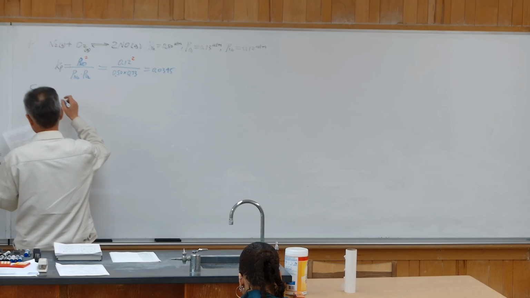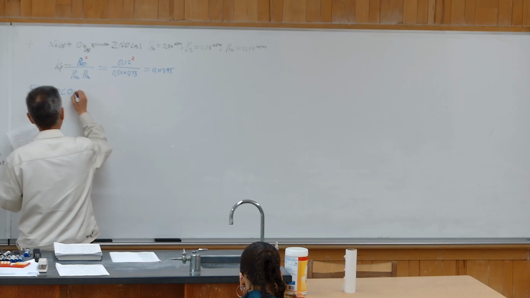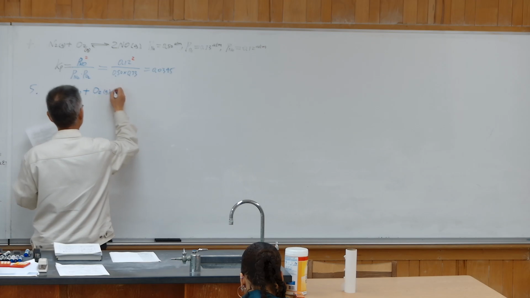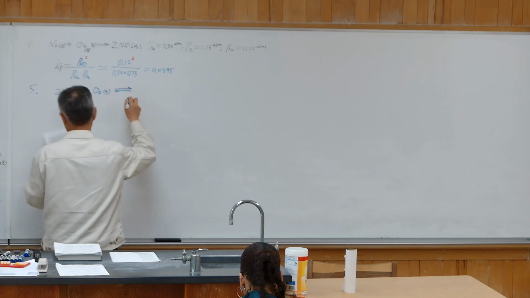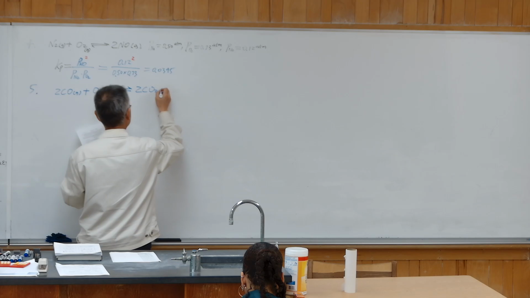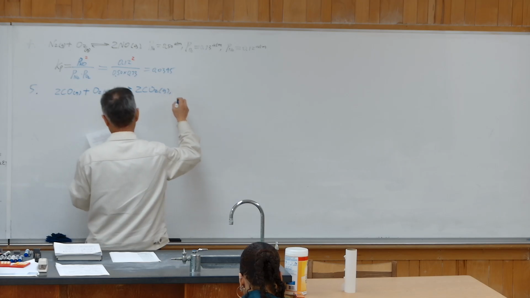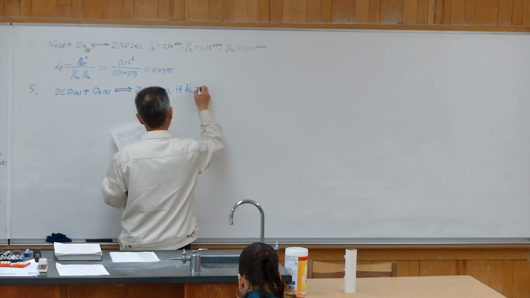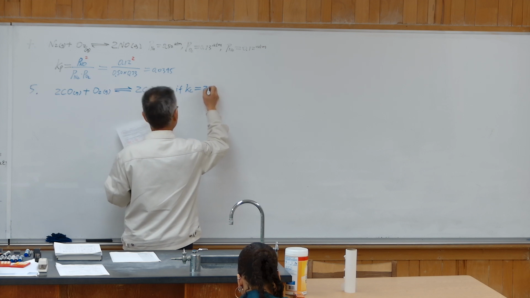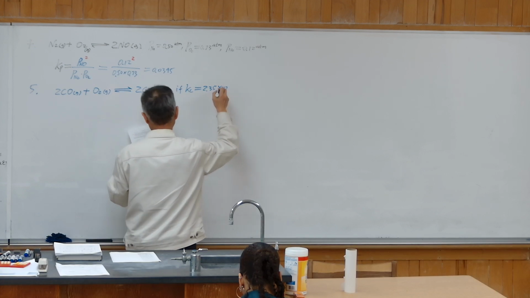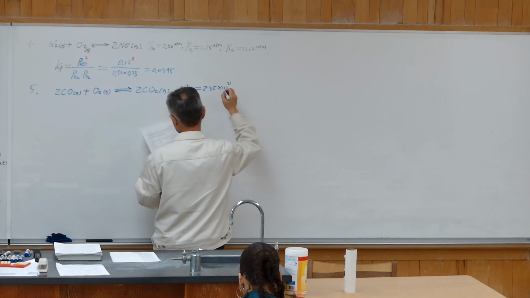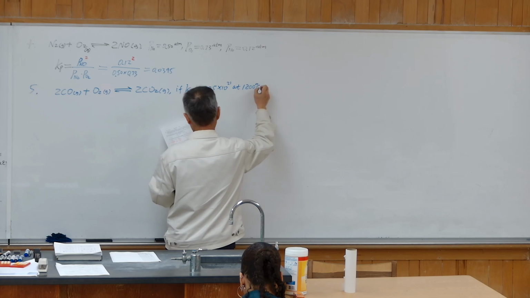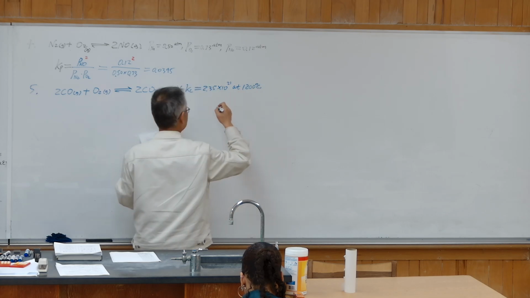Question 5, the reaction is 2CO reacts with 1 O2 to produce 2 CO2 gas. If Kc is 2.35 times 10 to the positive 21 power at 1200 degrees Celsius, what is Kp?